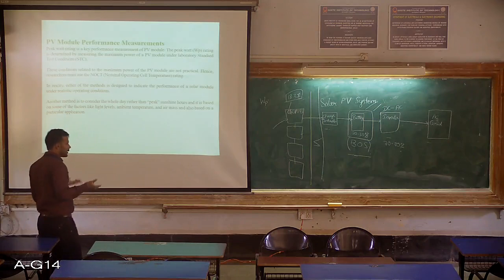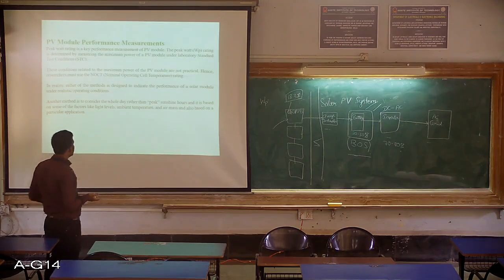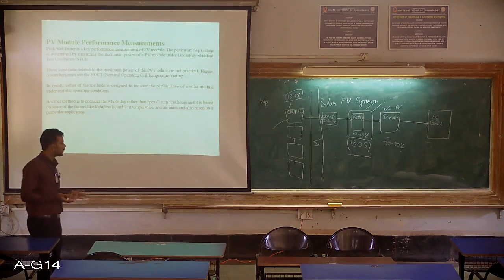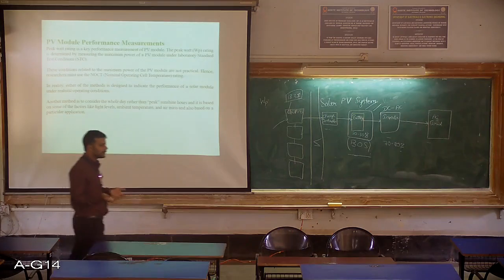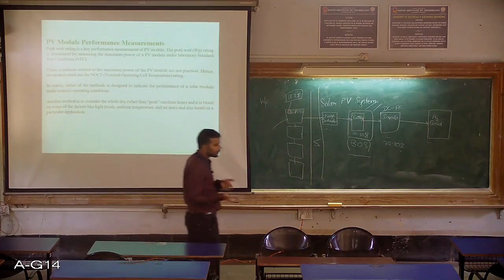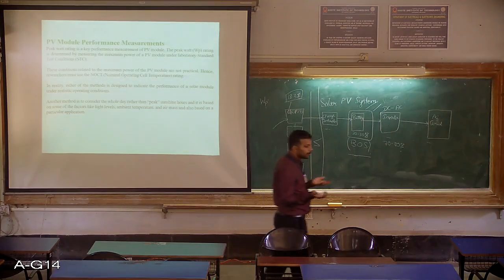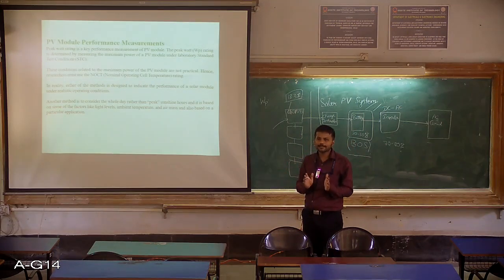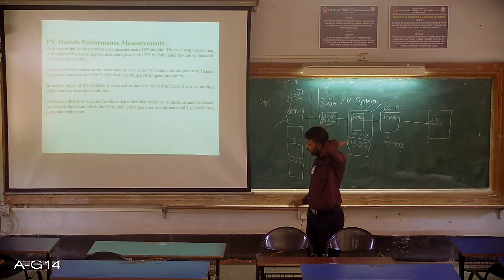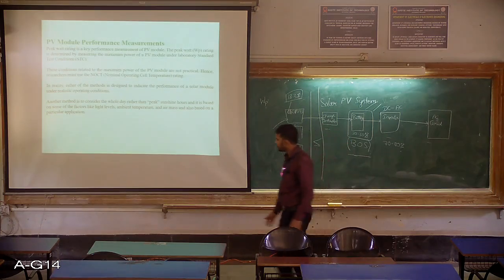The air mass is also a crucial point. It also depends on the particular application: whether we are using it for battery charging, or feeding directly, or how much load is connected to the system. All these factors come into the picture, and all of them affect the overall performance of the system.